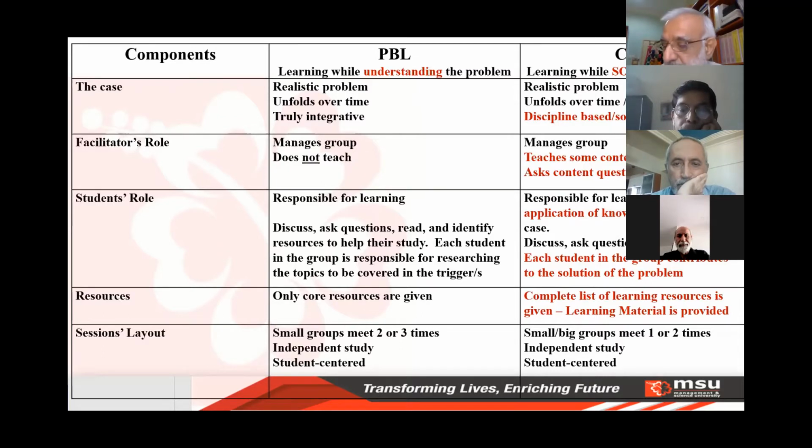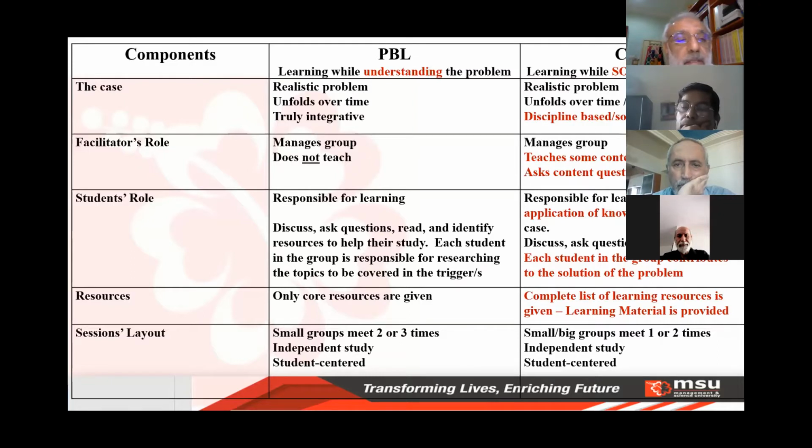That CBL is mainly discipline-based, and there is very minimal integration. In PBL, the facilitator does not teach, whereas in CBL, the lecturers or facilitators have a significant role in teaching.